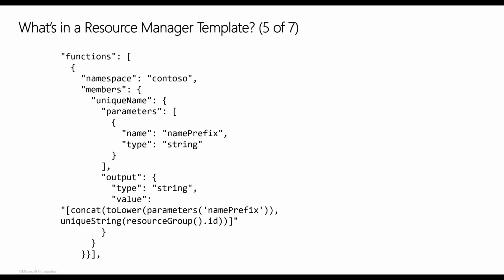On the screen, you can see an example where we are creating a function to create a unique name that could be used when creating resources that have unique naming requirements, for example, a storage account or a key vault. We need to have a unique name, and this is a function that's written for that.